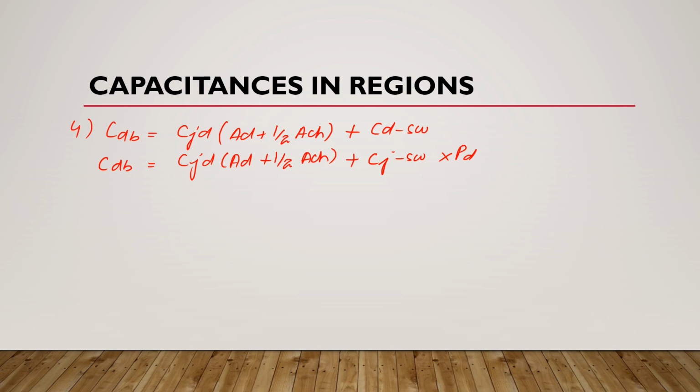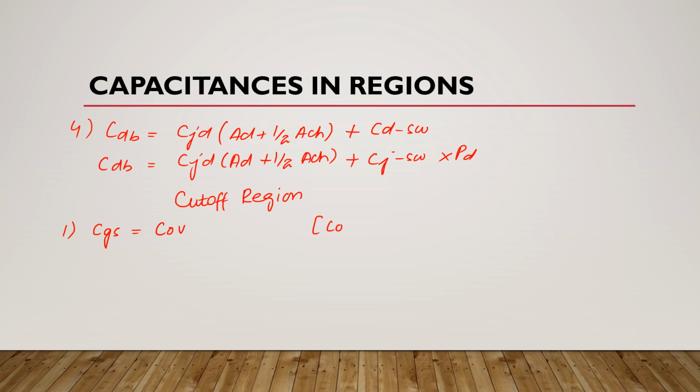Now we will talk about cutoff region. In cutoff region, the formula of gate to source capacitance is this. It means here gate to source capacitance is equal to overlap capacitance.